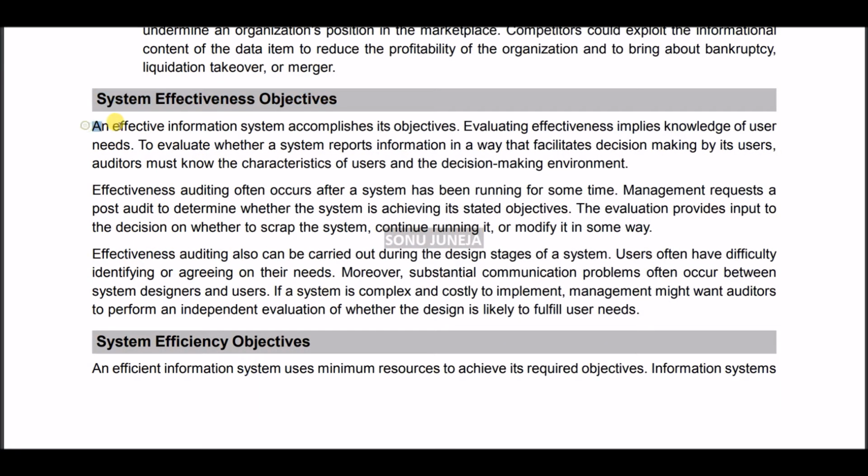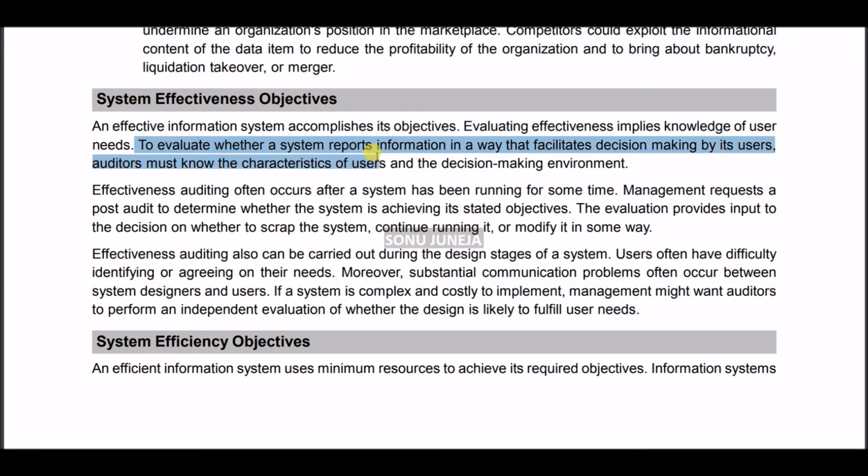So with respect to the system effectiveness objective, an effective information system accomplishes its objectives. Evaluating the effectiveness implies knowledge of the user needs. As is the need, so is the system, and you have to decide all these things first, what all you need from your information system. So set your expectations right.